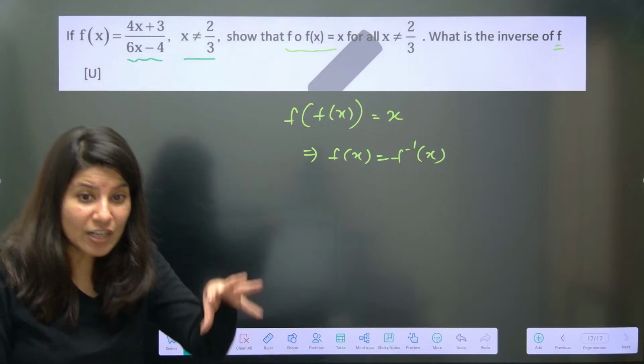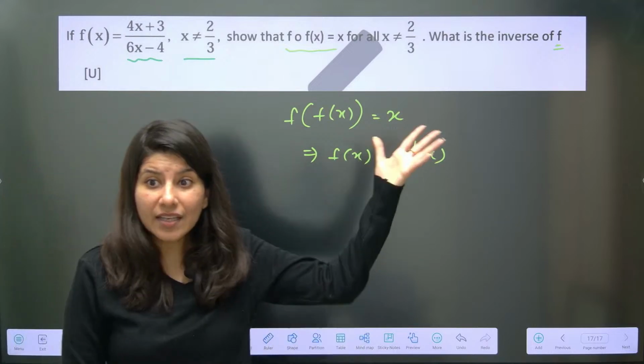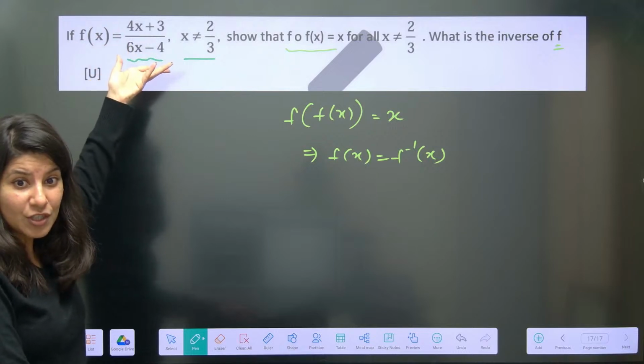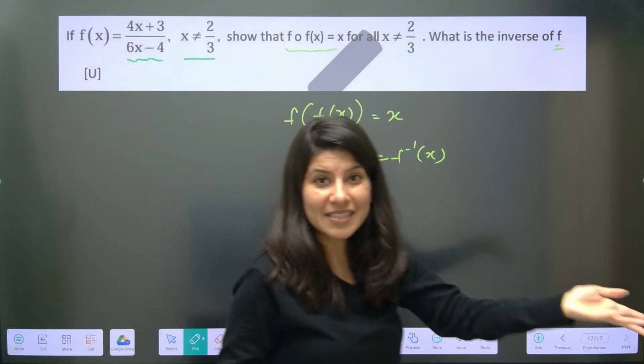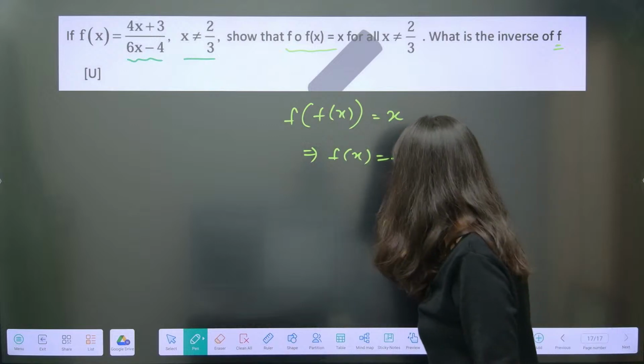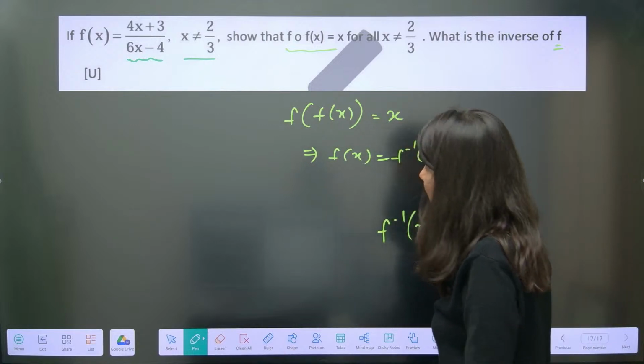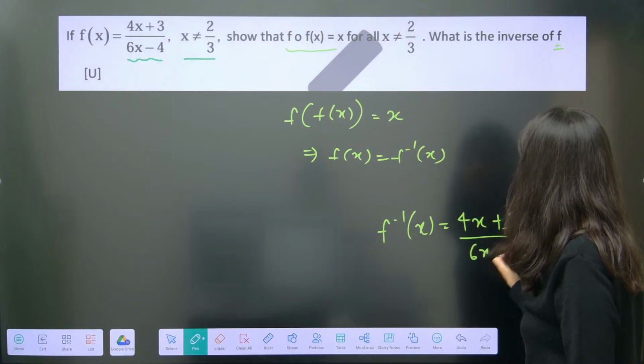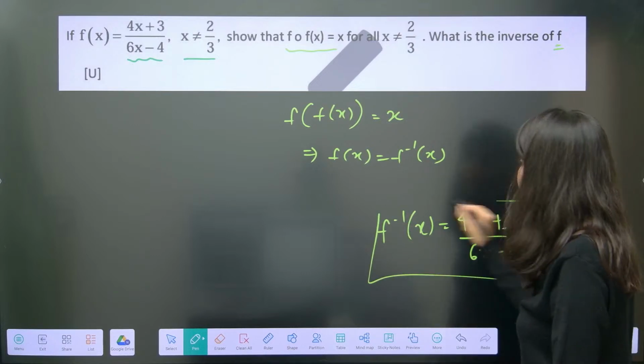That means a function and its inverse are equal. The moment you start calculating the inverse of this function, you will realize that both are coming the same. So the final result f inverse x will be 4x plus 3 upon 6x minus 4 only.